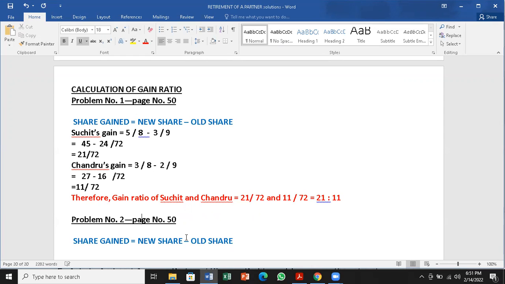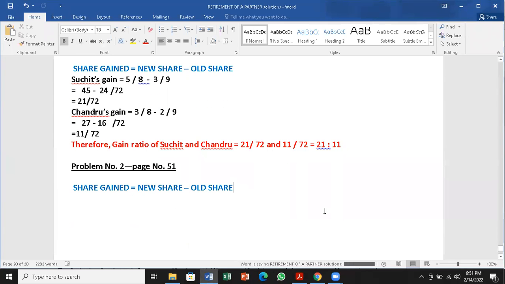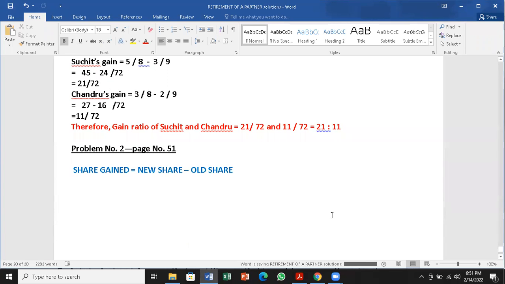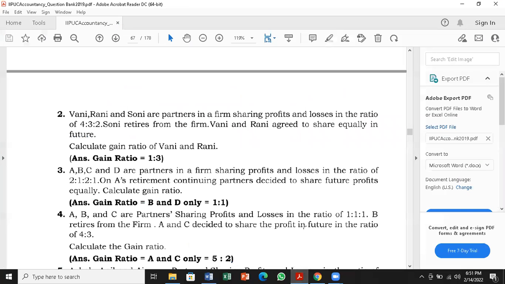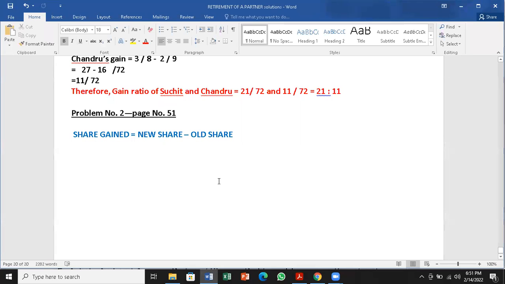Problem number 2, page 51. Same ratio. We'll see the new ratio. I told you to underline equally, agree to share equally in the future. So 2 partners will be having equal, means 1/2.